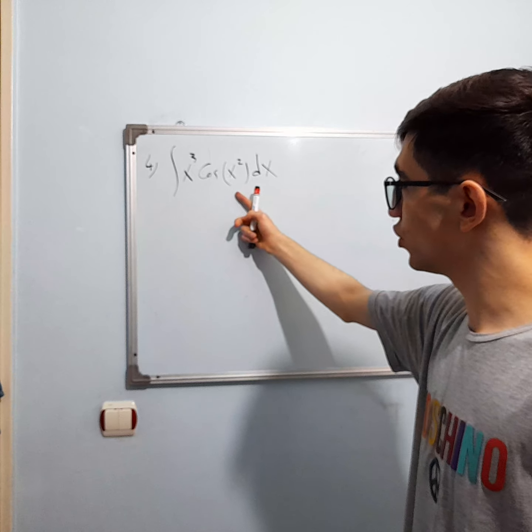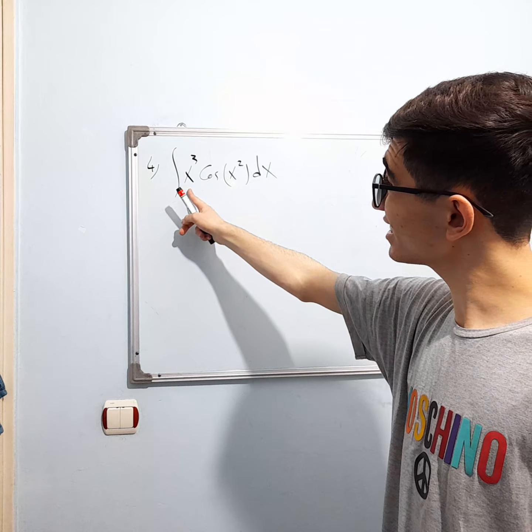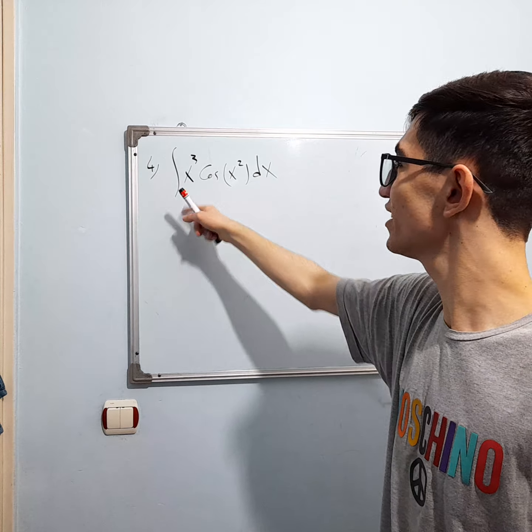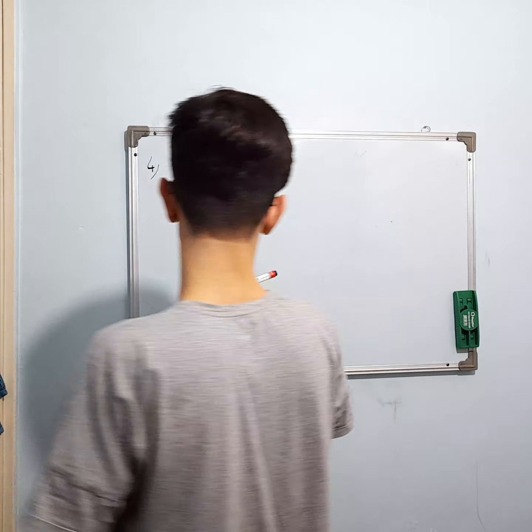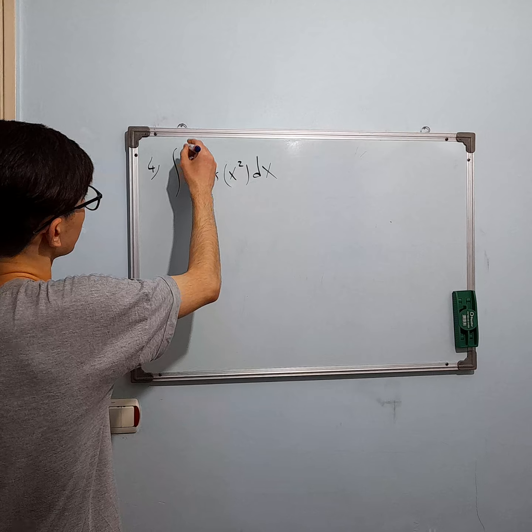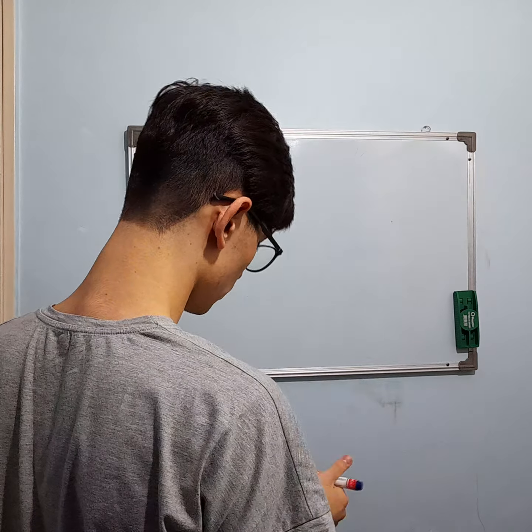If I take u, du equals 2x dx, and there is a hidden x squared here. If I write it like x times x squared, it will help me too much.